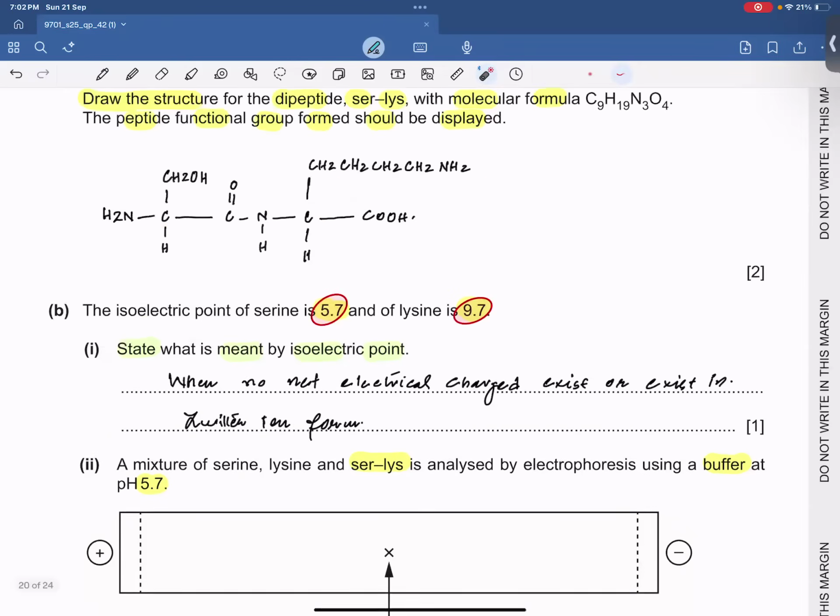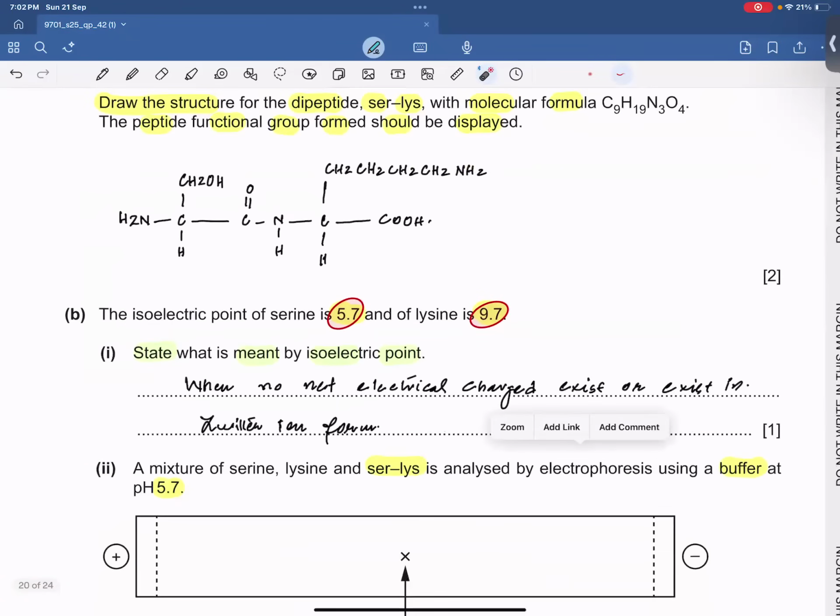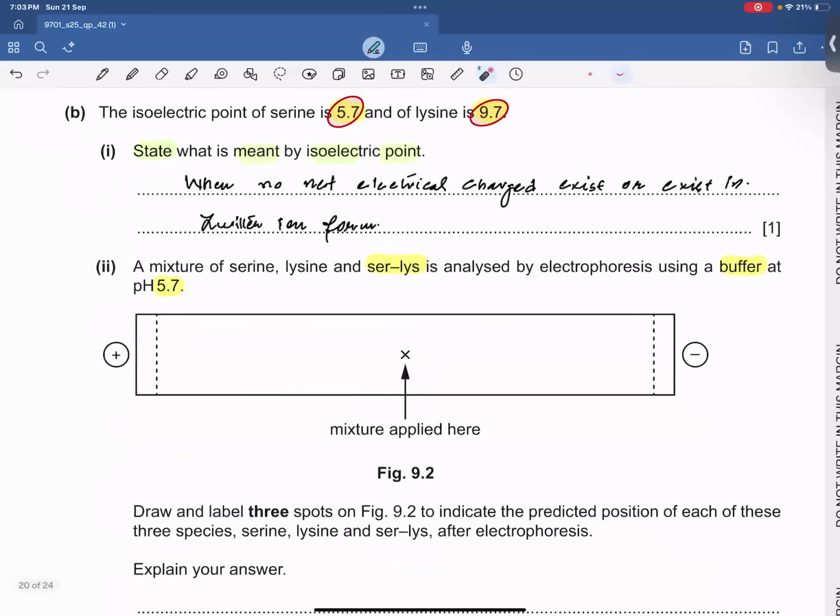The isoelectric point of serine and the pH of the buffer are the same, which means serine will not show any deflection and will remain on this spot. So serine has to be here.